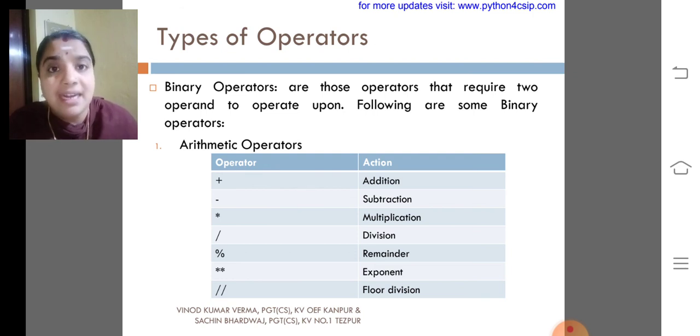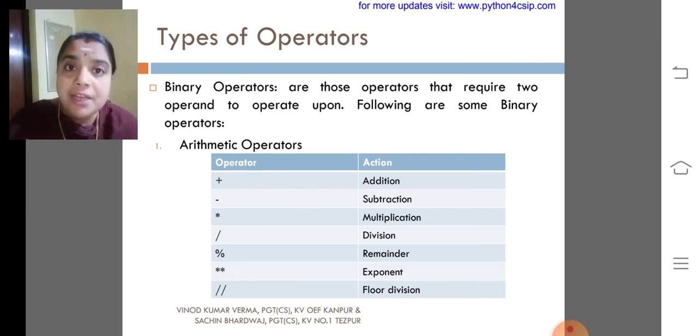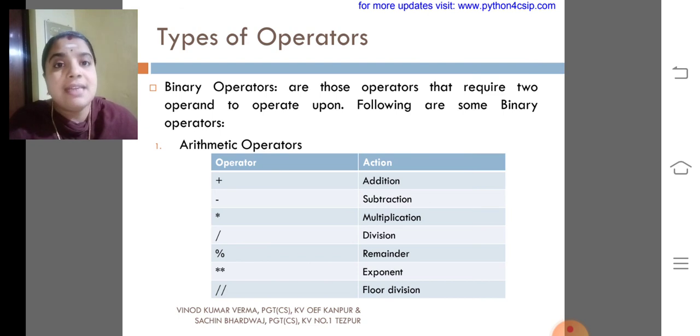If we want to neglect 0.6, then we can use floor division, that is the double division operator. So what are the arithmetic operators we have? Addition, subtraction, division, multiplication, exponent, remainder and floor division.